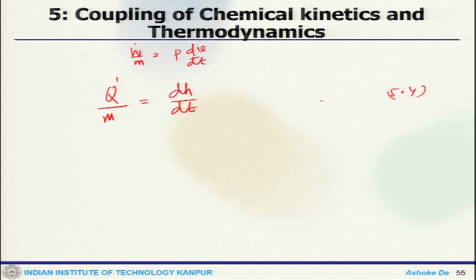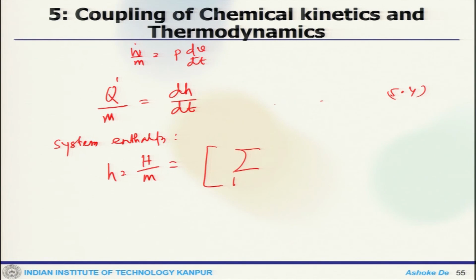So, that is what we get. Now, the system enthalpy we can estimate in terms of composition. So, that would be H equals the bar mass, which is summation over all the species Ni Hi by mass. So, you can calculate these things.